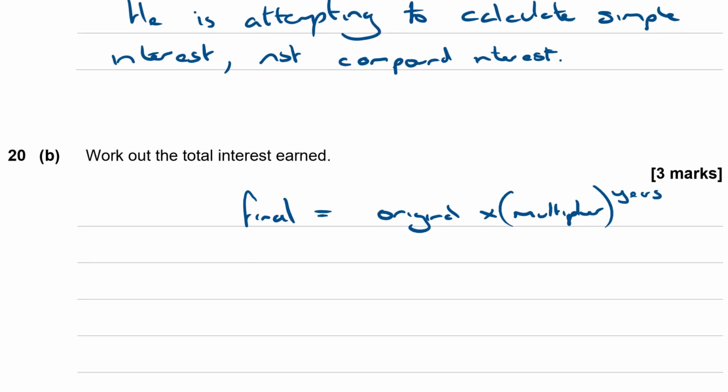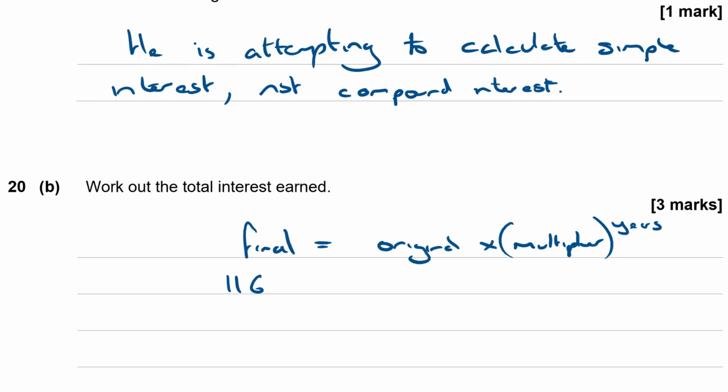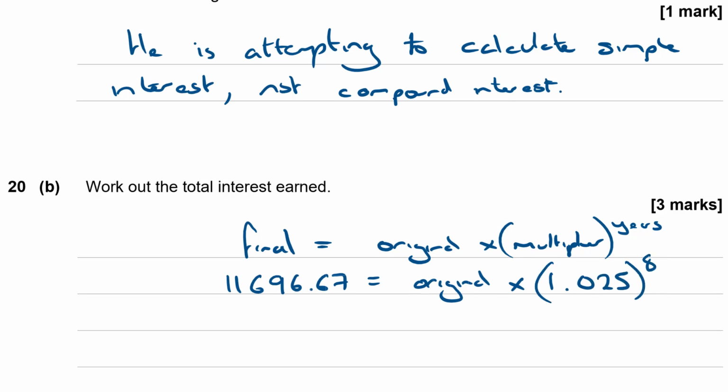So let's sub that in. Let's find the original amount first. Now we know the multiplier. The multiplier is going to be 1.025 and the number of years is 8.